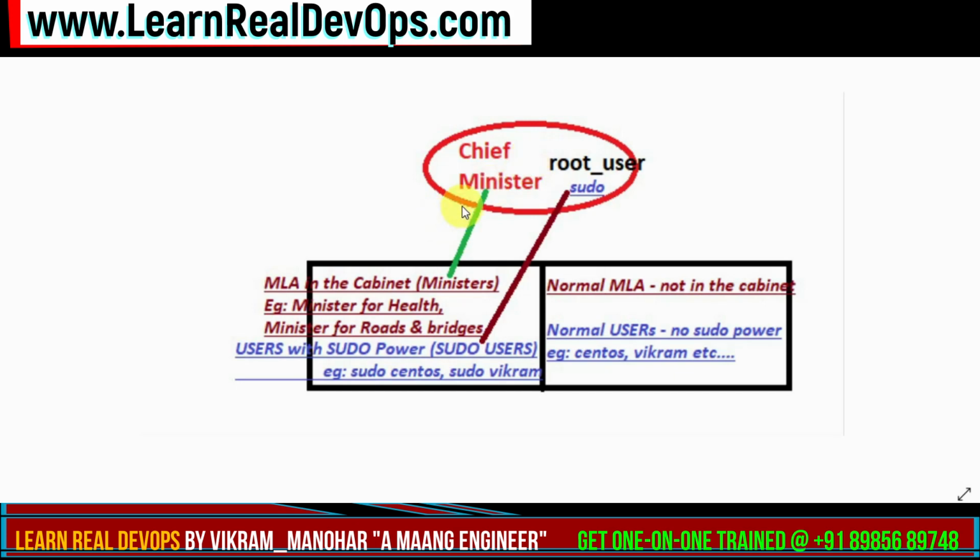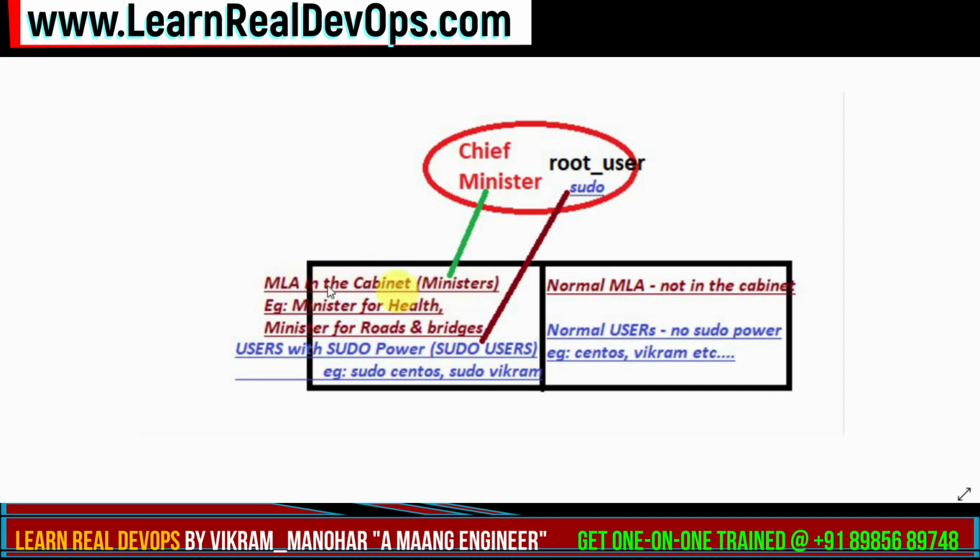Now I would like to bring out a small story and try to explain it before we proceed further. Like every state has a chief minister who is the supreme power of the state, so he has almost all the powers in his hands. If his ministry part is shared with any of the MLAs in the cabinet, then those MLAs in the cabinet are called ministers.